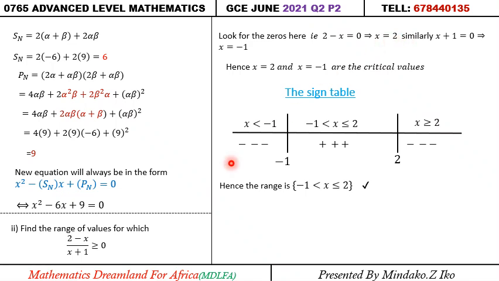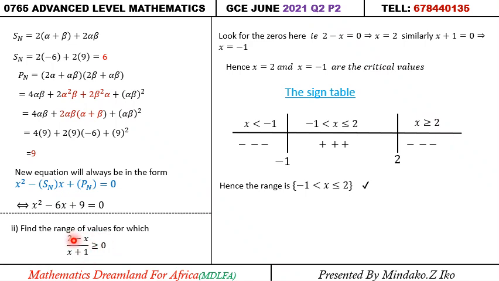when x is 2, this part will be 0. This part being 0 means the function is actually defined here, because the condition is that this should be greater than or equal to 0.